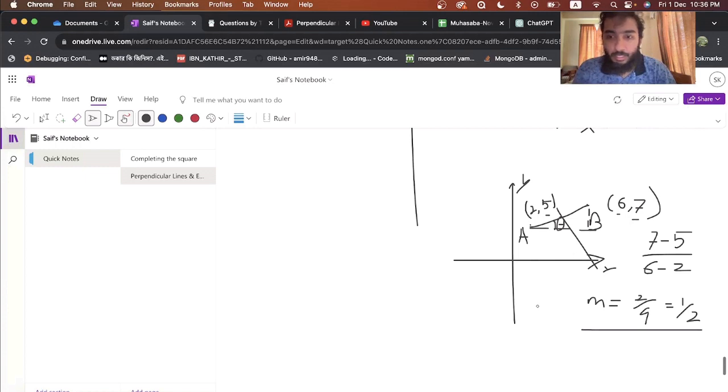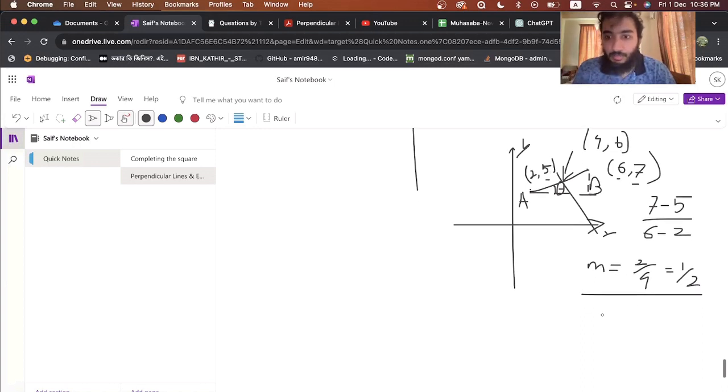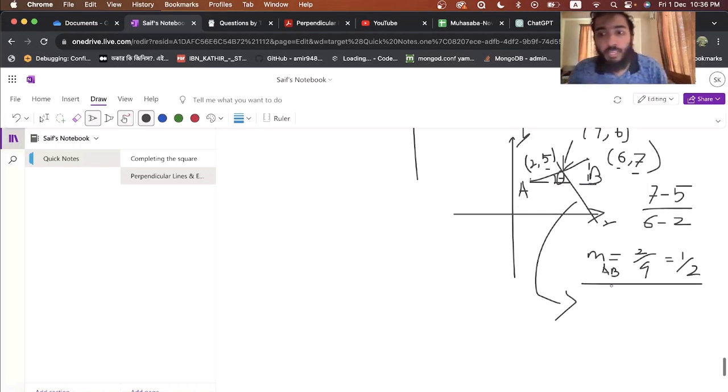We know the midpoint is 4, 6, as we figured out in A. The slope of AB is half, and perpendicular lines have a multiplication of their slopes of -1. So the line we want has a slope of -2, because -2 times half is -1.